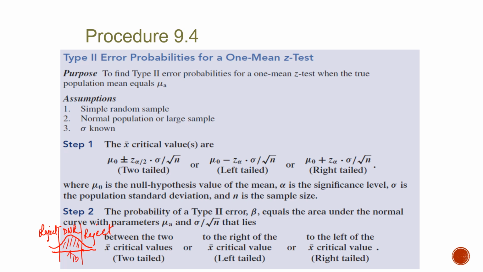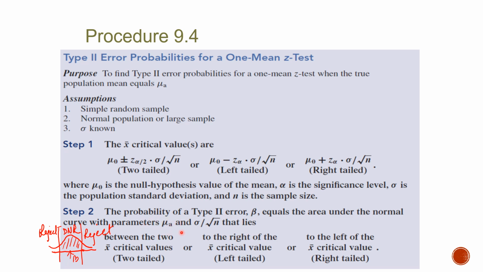And then for one-sided, if it's a left tail test, then the do not reject region will be to the right because the reject region will always be to the left. And if it is a right tail test, then the do not reject region will be to the left. However, in order to find these areas, we have to rescale our diagram by replacing the center with the alternate mean mu sub a.